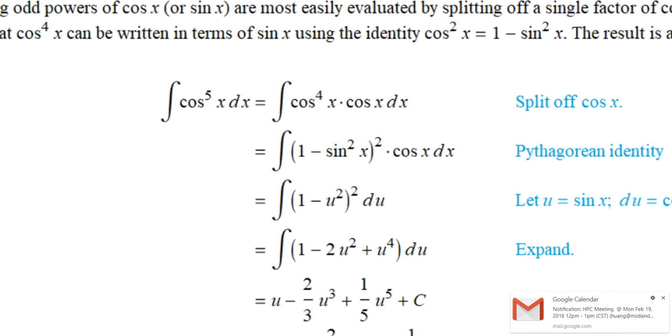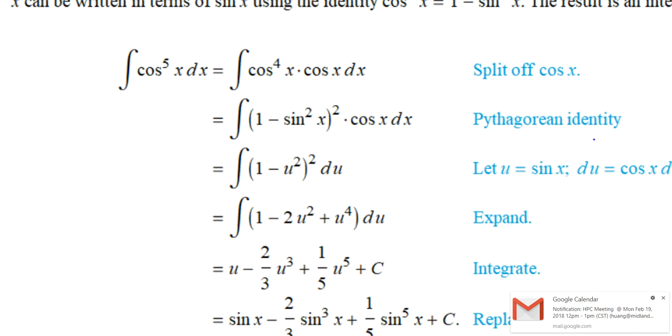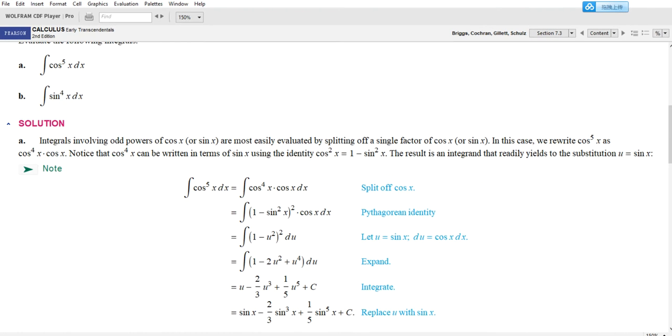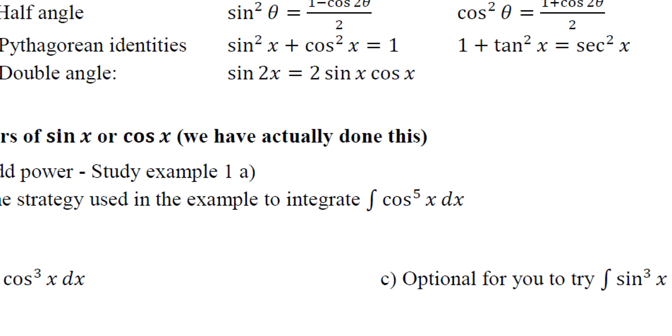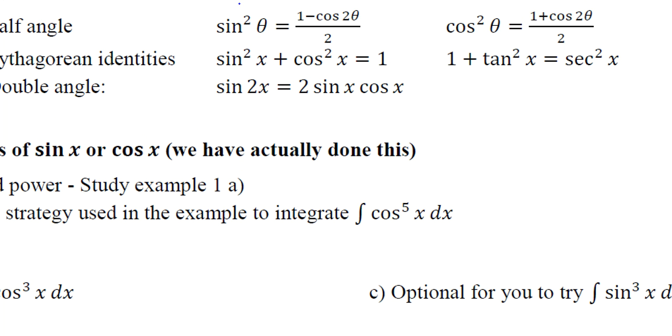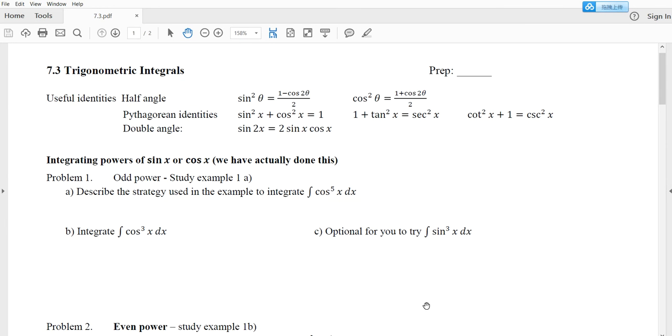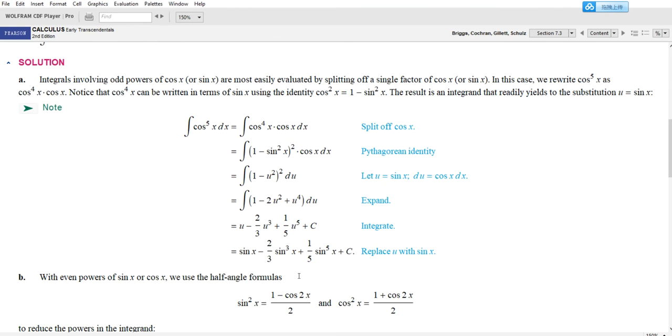So let's look at the strategy here. The first one has an odd power, and when we have an odd power, we really cannot use the half angle formula, because if you recall, the half angle formula is power 2, even power. Here we have a power 5, so you cannot use that one.